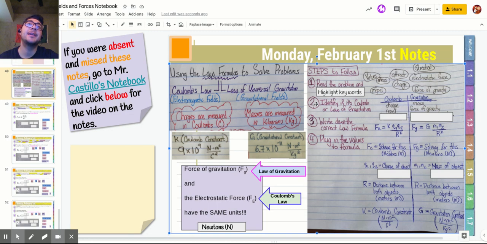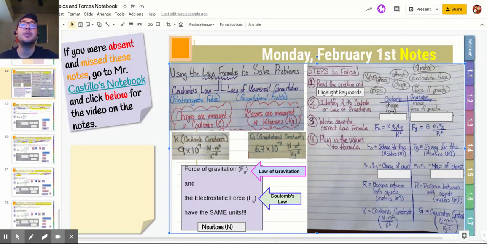The second step is to identify whether it's Coulomb's law or the law of gravitation. You have to remember which formula you are going to use. They're pretty similar to one another, but also distinct, kind of like the do now you did for today. For Coulomb, if it says charge, you know they're talking about Coulomb's law.